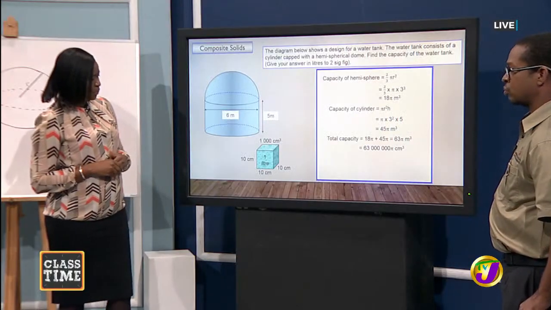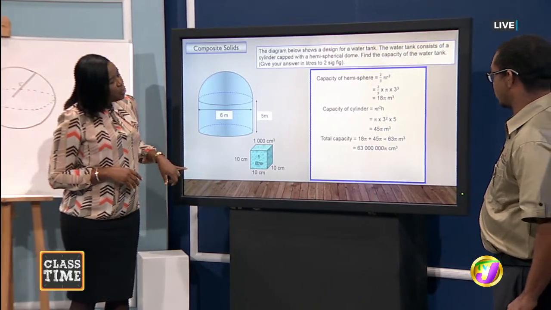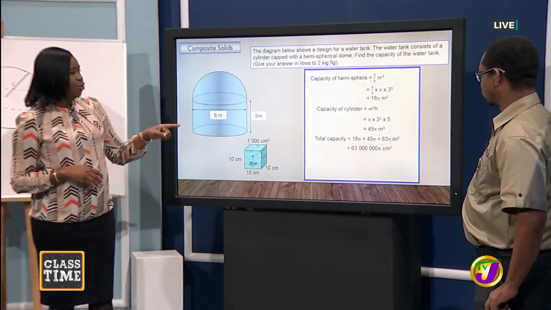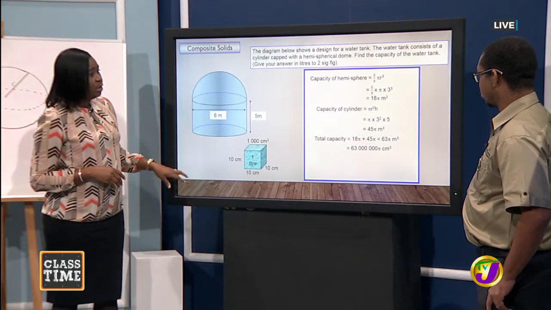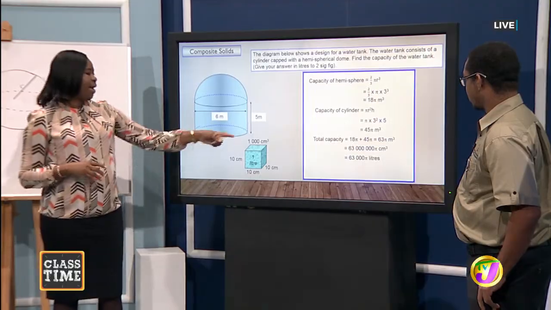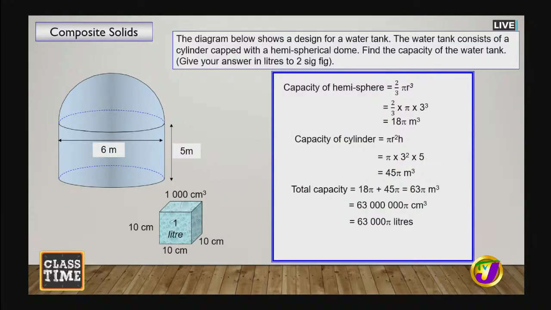So we need to change this 63 million pi cubic centimeters to liters, and we divide it by 1,000, and we'd get 63,000 pi liters.